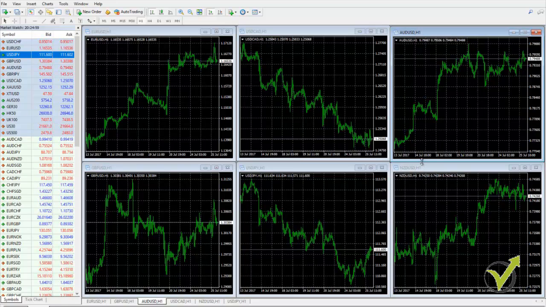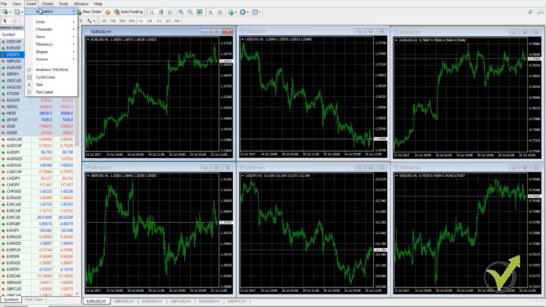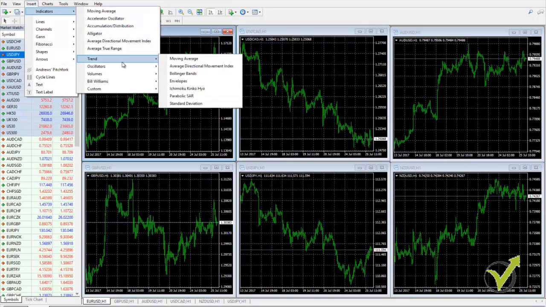The idea is that on one of my screens I always have these 6 pairs to know which one is strong and which one is weak at the moment. Later in the course I will show you a great indicator for that, but first of all I want you to catch the idea. What I will do now is put one indicator, simply the 21 EMA.